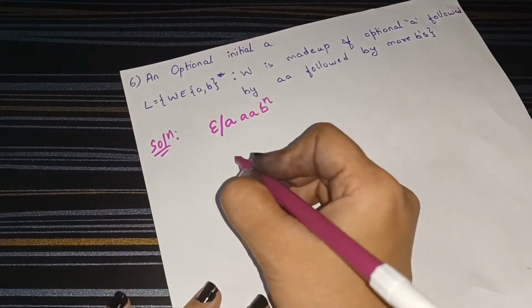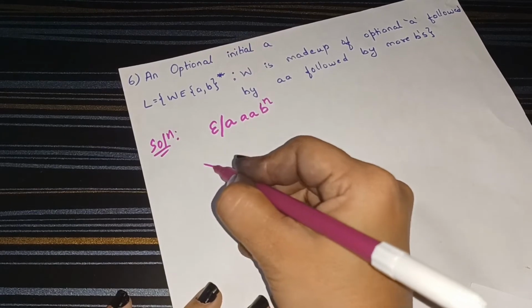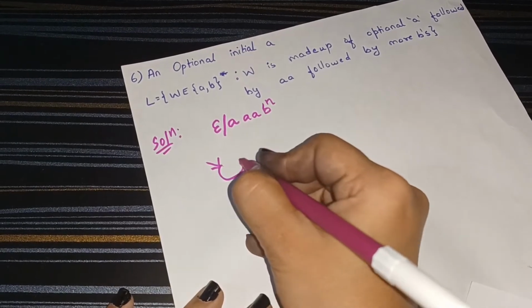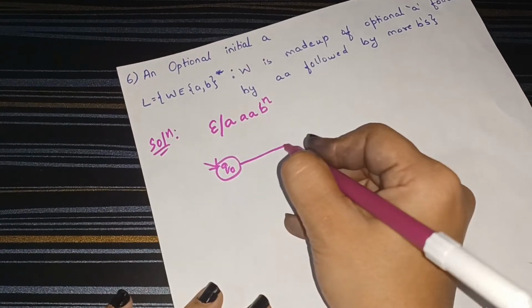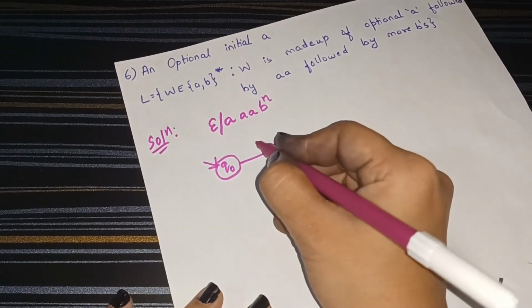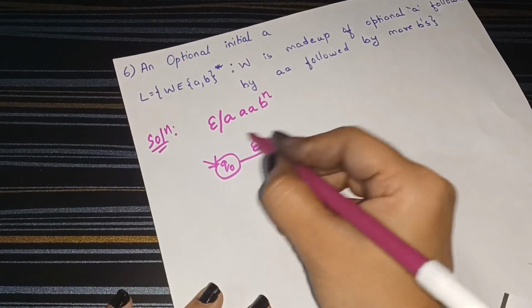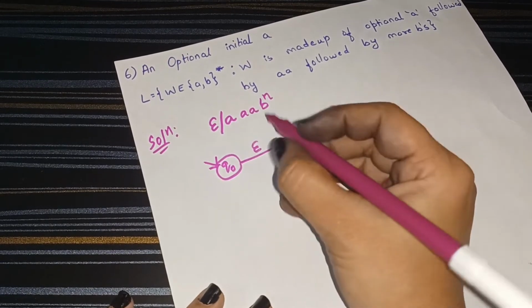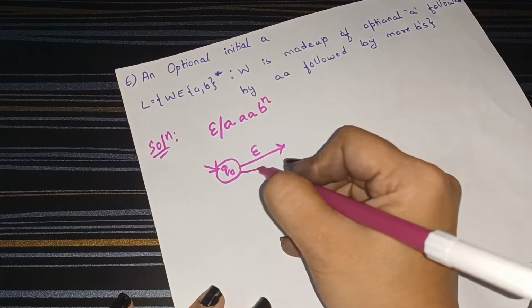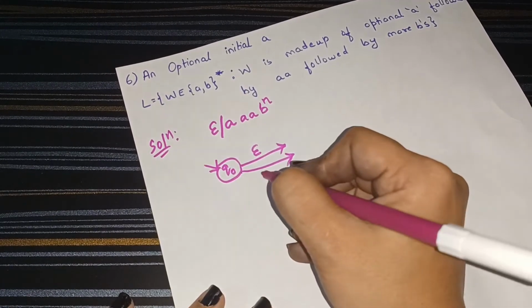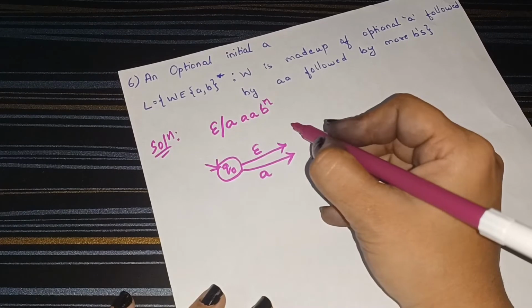Okay, so how can we draw this string? We start with the start state, which we represent by an arrow mark, q0. First we will send epsilon. Whenever forming a string, epsilon comes first, so we send that. Then it is given optional a, so it can be epsilon, it can be a.